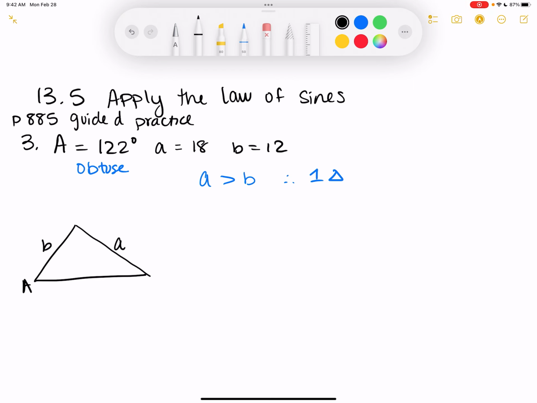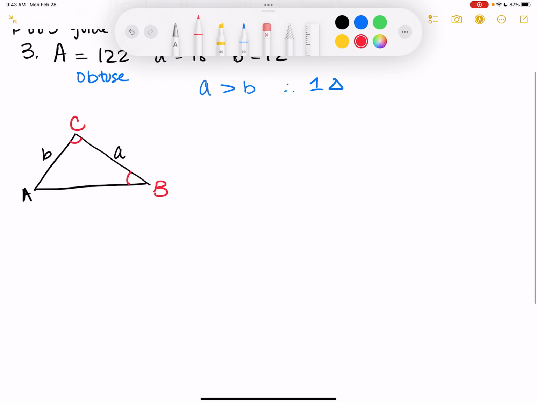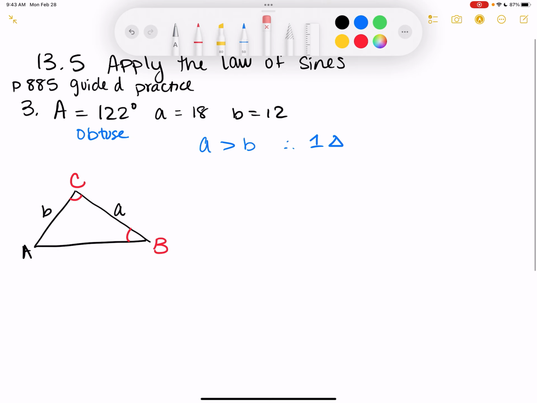Also, this is definitely not an obtuse triangle, but that's fine. Doesn't really matter what it looks like as long as you know what it's supposed to be. Anyways, in red, I'm going to put in the things that we need to find. This is going to be angle B, and then angle C and side C.